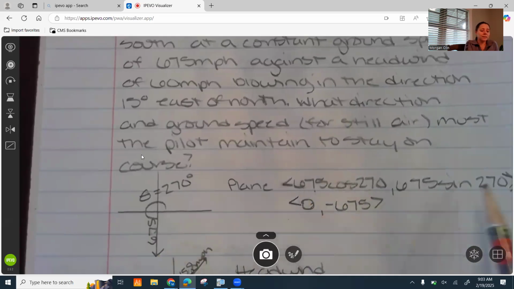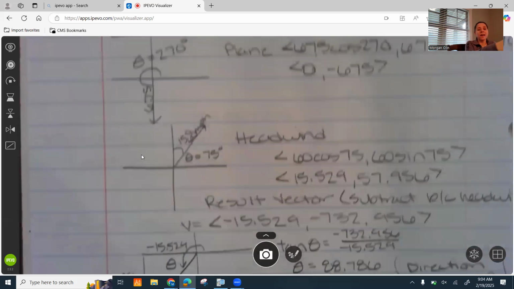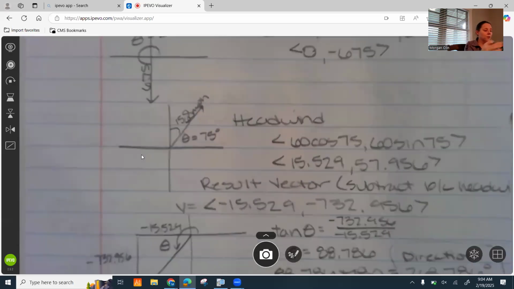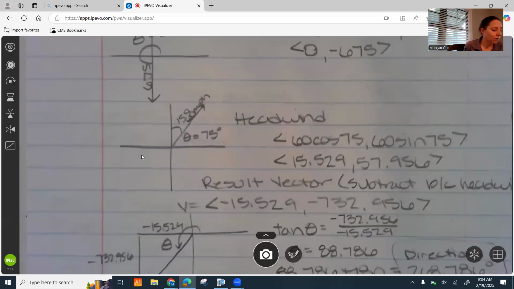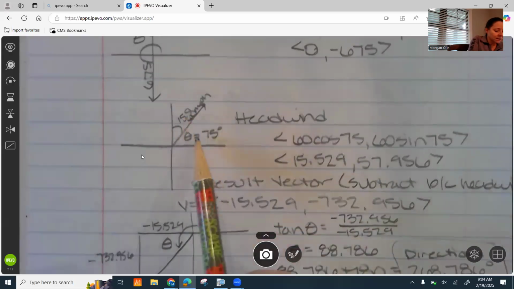The sine of 270 is -1, so -1 times 675 is -675. So this is the vector of just the airplane. The headwind, it tells us it's going 60 miles per hour, blowing in the direction east of north, 15 degrees east of north. That means this theta is going to be 75 degrees.